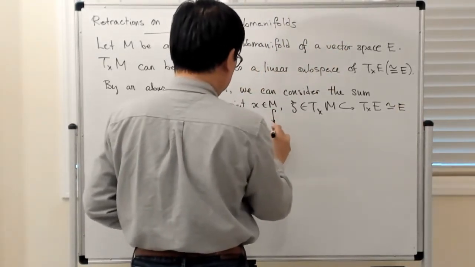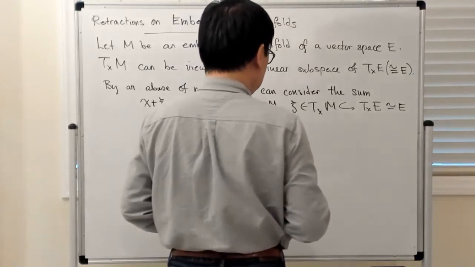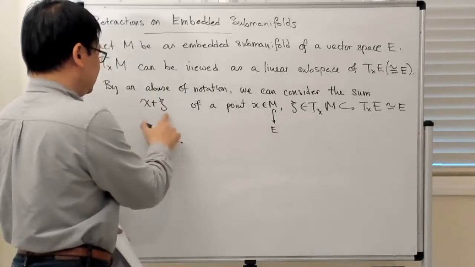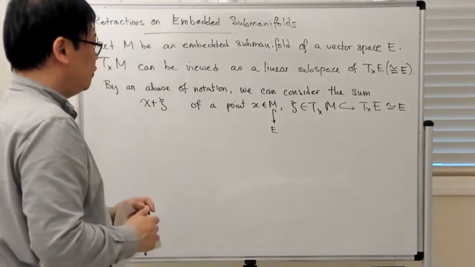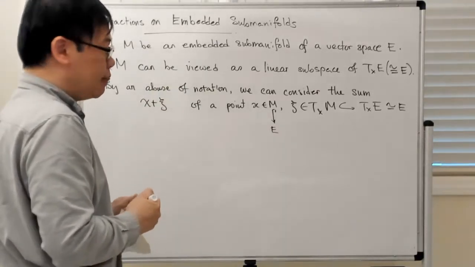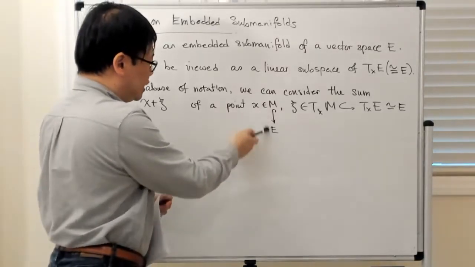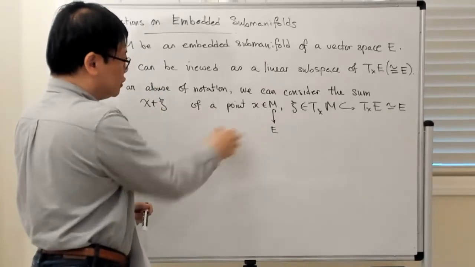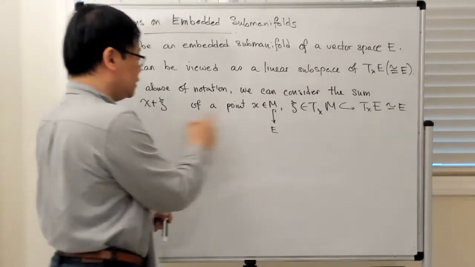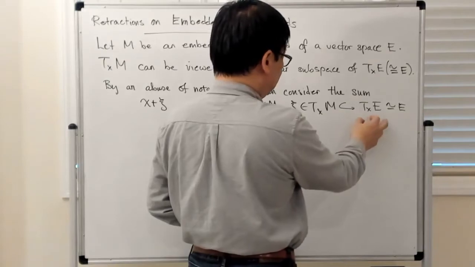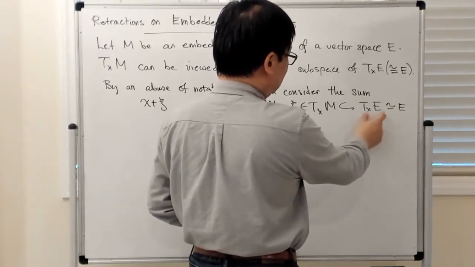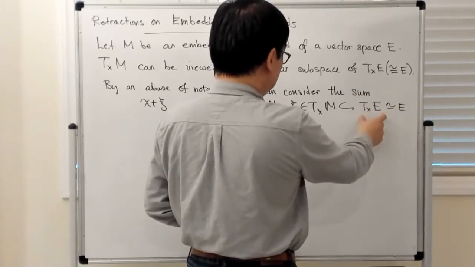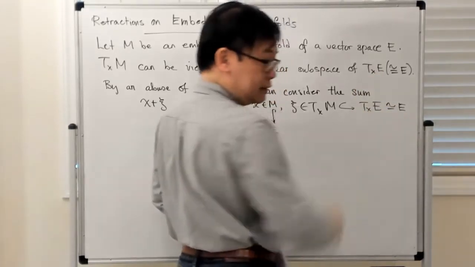Something similar happens here. M is embedded in E by the inclusion, and so when you say x plus c, you can't do that on the manifold M, but M has a natural inclusion into the vector space. So I can think of x as a point in the vector space, and I can think of c as being included into the tangent space to the vector space E, which is then identified with E itself.